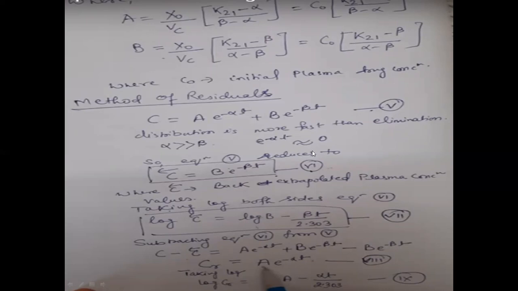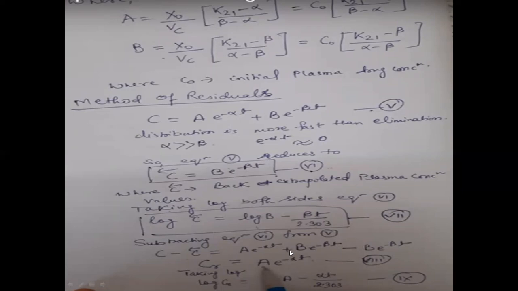That means e power minus alpha t reaches 0. So the equation becomes only B e power minus beta t. As alpha is large, that term becomes 0. So in the equation only one thing remains, that is the elimination term, B into e power minus beta t. And when you take the logarithm of this equation, it becomes log B minus beta t by 2.303.